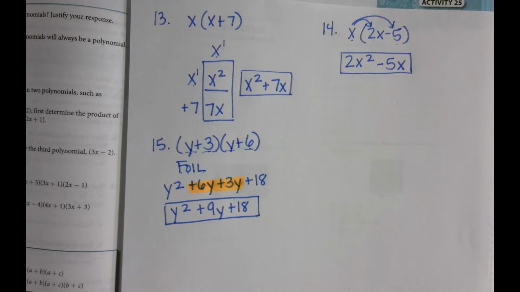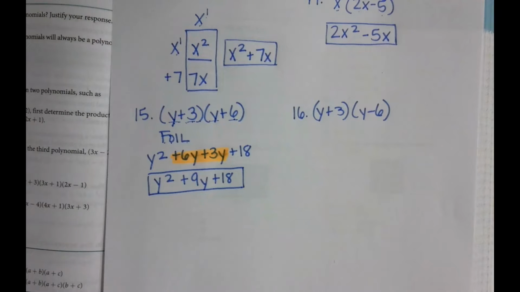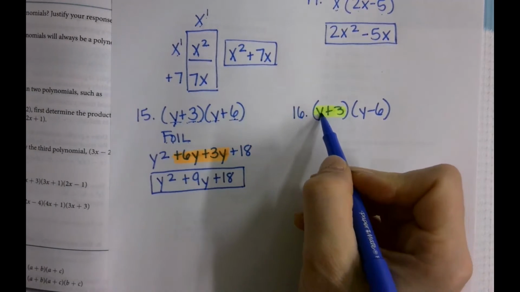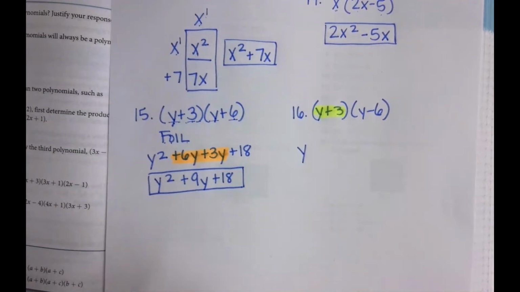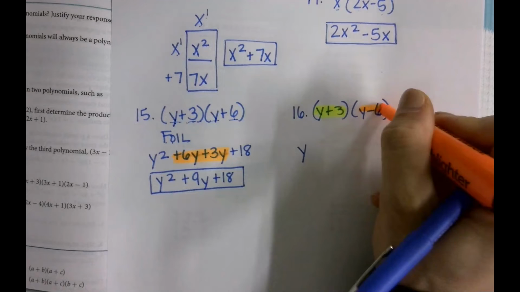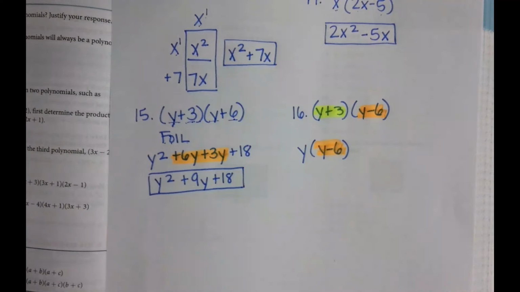Number 16, y plus 3 times y minus 6. So for this one, for distributive property, to highlight what I'm doing, the first terms I separate. I take out y first. I want to multiply it by everything in the second binomial, y minus 6.